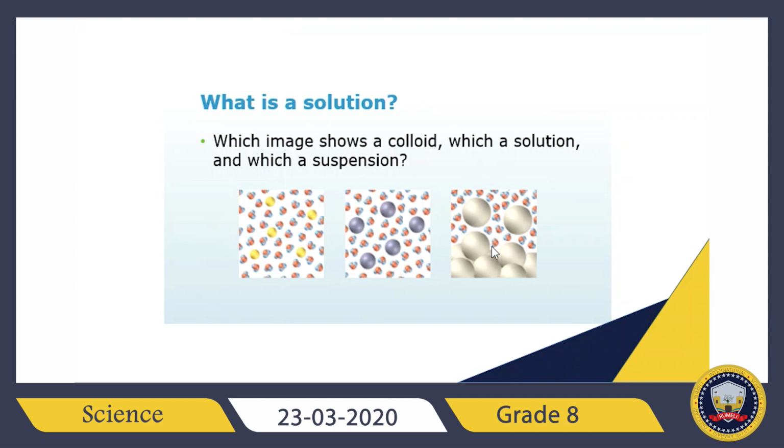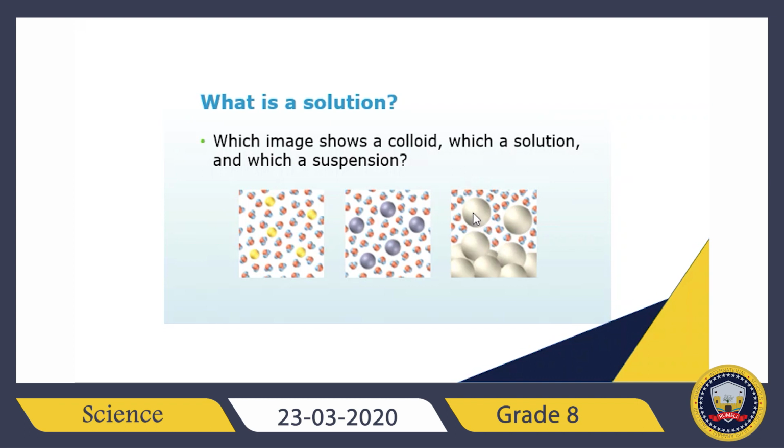In this case, our mixture is called a suspension, and we can see how big the size of these particles is. So in a suspension, the particles are big and are mixed within the water, or within the solvent. Now what do you think, guys?